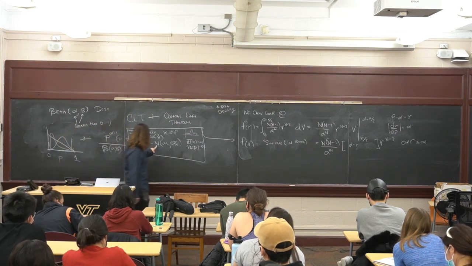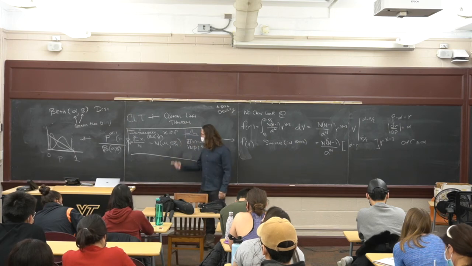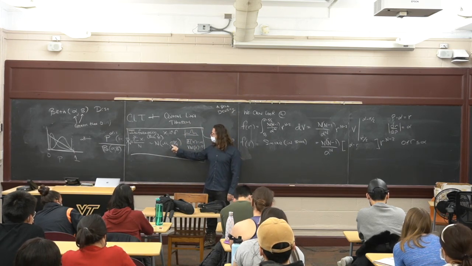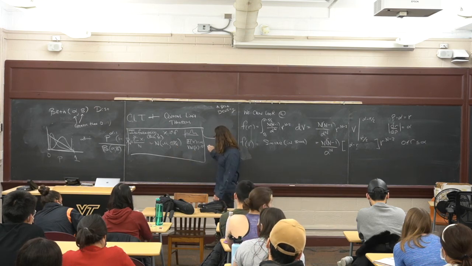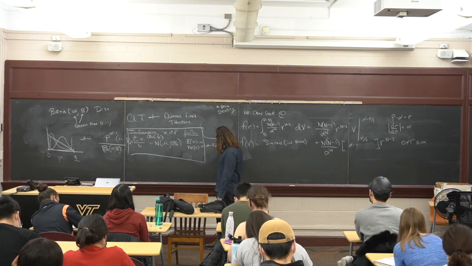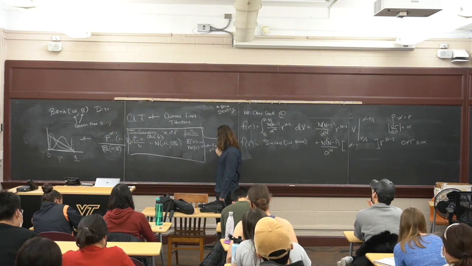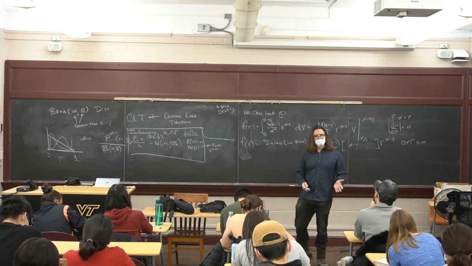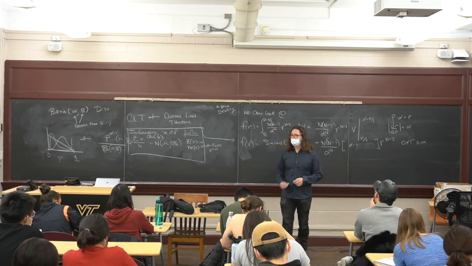If I take a limit over here with respect to n, there's only one n. And so this is going to be something that's fixed and finite. So I need to say this exists. What I mean is that sigma squared is less than infinity. It doesn't blow up. So not like a Cauchy distribution where the variance doesn't exist.